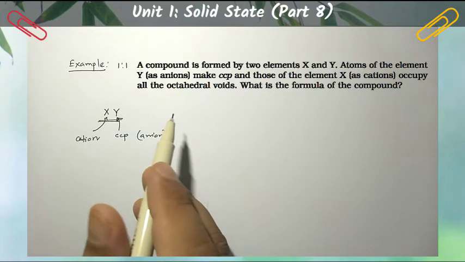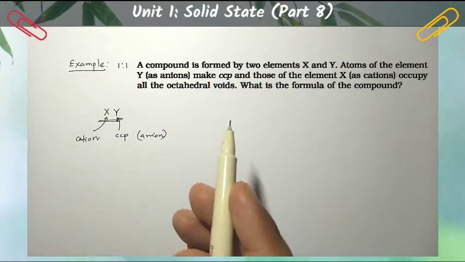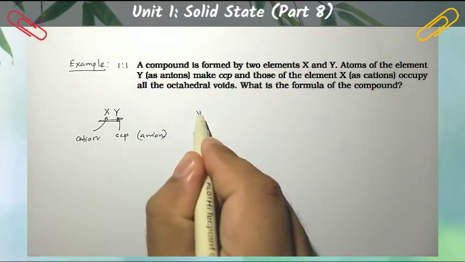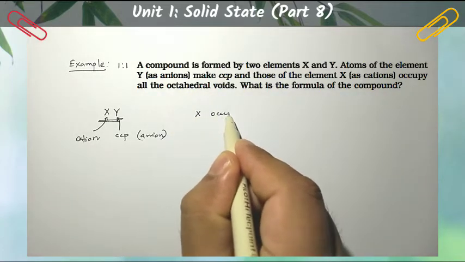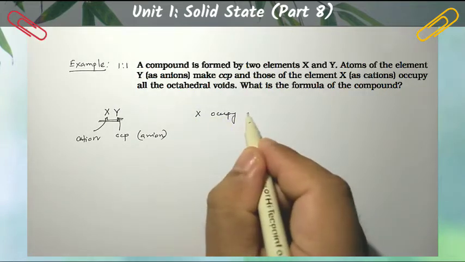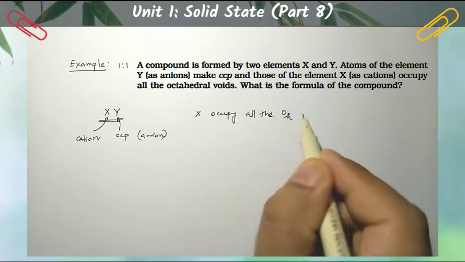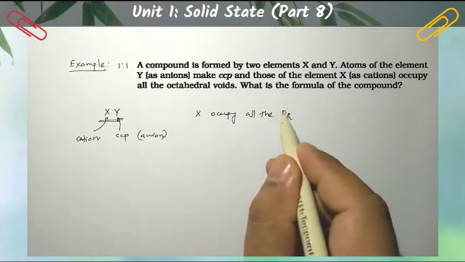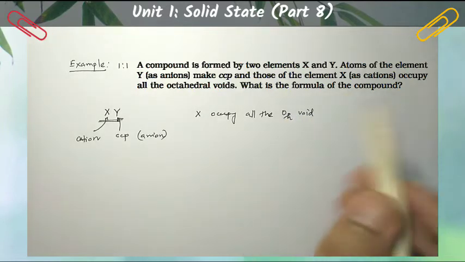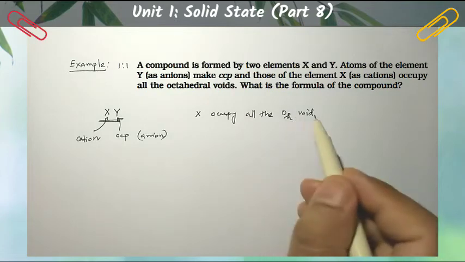Again they said that the element X occupies all the octahedral voids. Sometimes we represent octahedral as OH, but in the exam write it properly: octahedral, not OH.